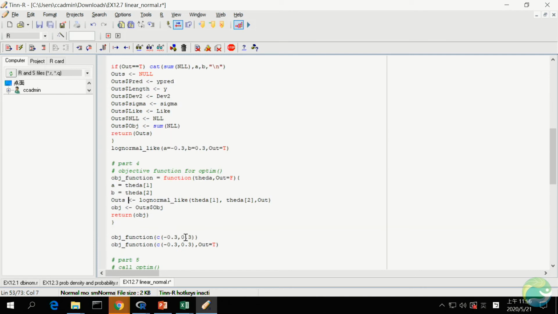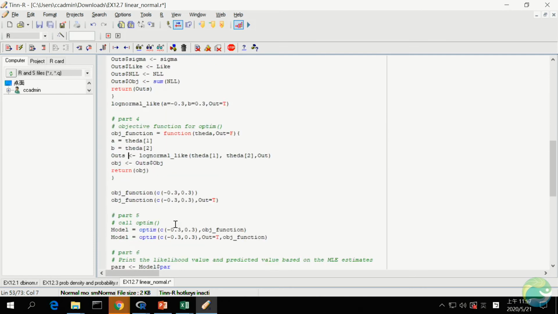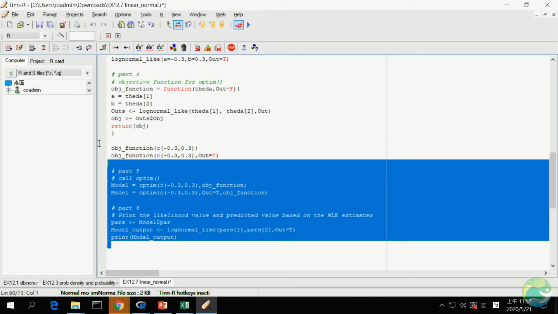And we have some initial value for A and B, and we use the optim like we do in the least square minimization. But in this case, we are specifically assigning a probability distribution for each data point, okay? So let's run this.